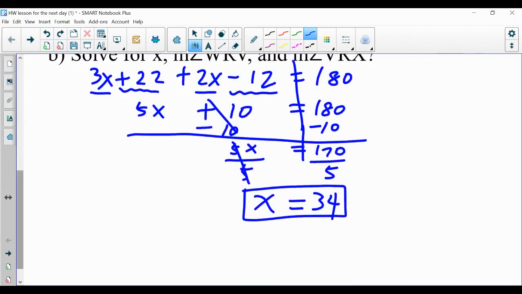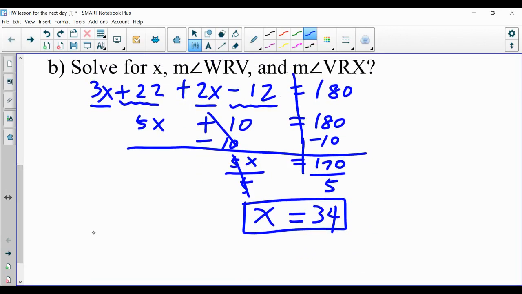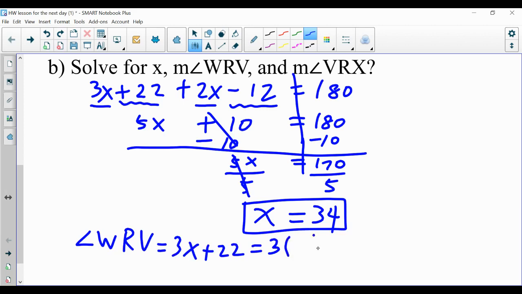Okay, we're going to substitute the x inside the angles. So first angle, we're going to label angle WRV, which is equal to 3x plus 22. And now you just substitute x equal to 34 inside. So we have 3 times, I usually like to use parentheses, you can use times here, 34 plus 22. And I use the calculator. I got 124.